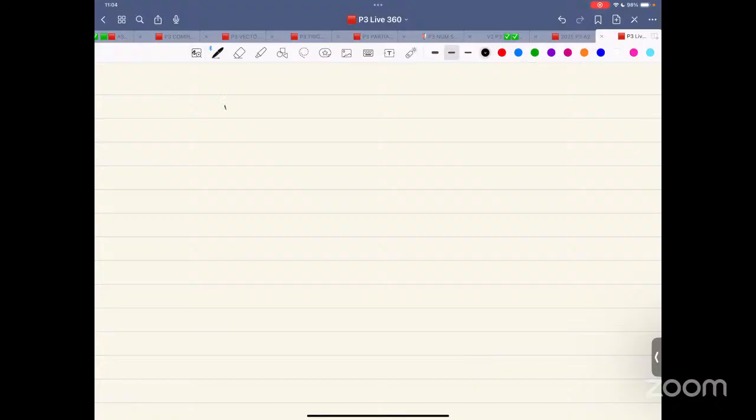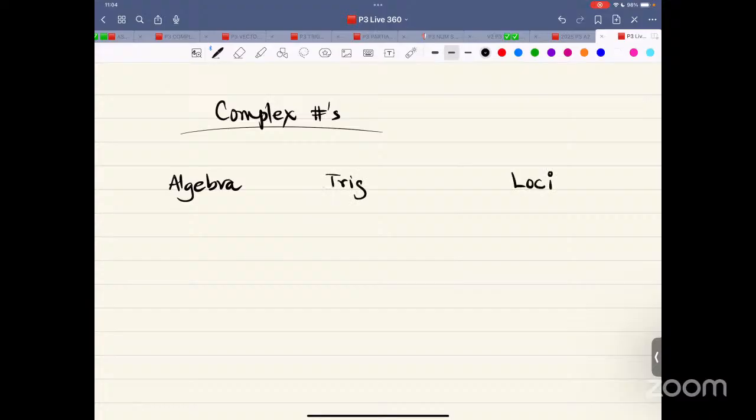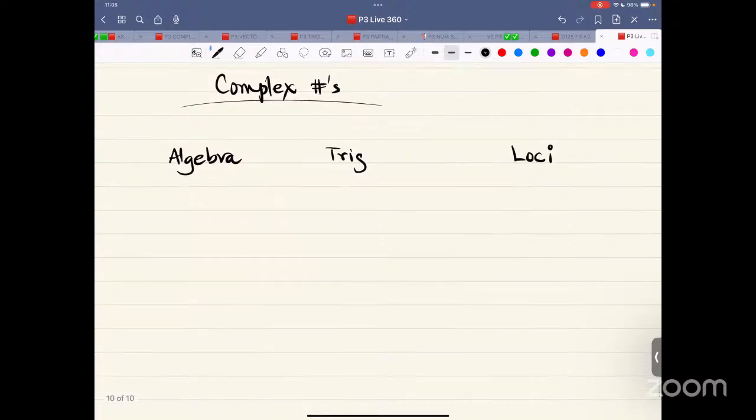Now when we talk about complex numbers, there are three main aspects of complex numbers. There is the algebra part, there is the trigonometric part, and there is the loci part. When we talk about algebra, it is about polynomials, quadratic, cubic, everything.